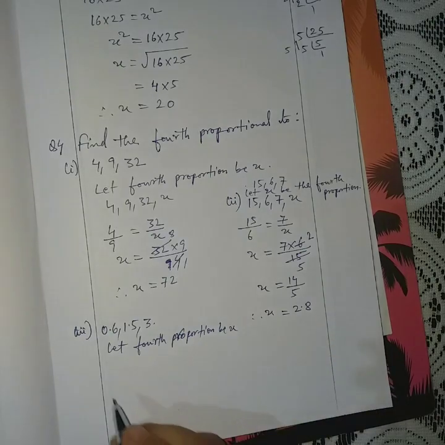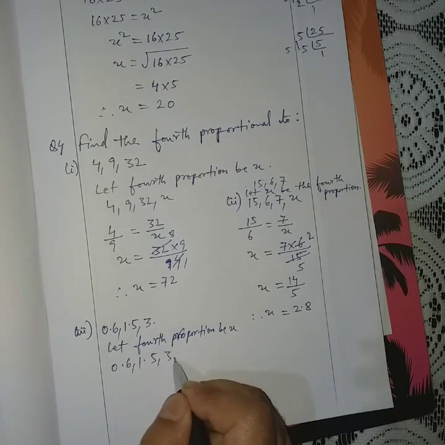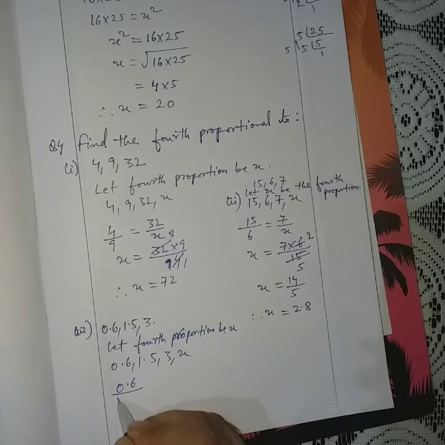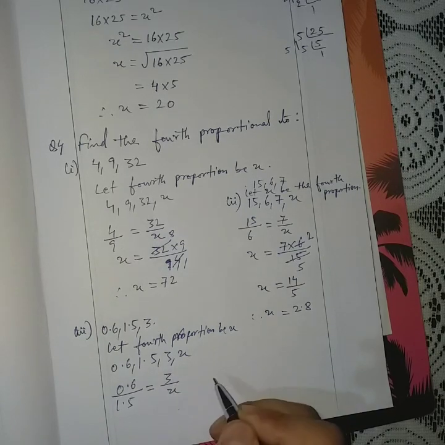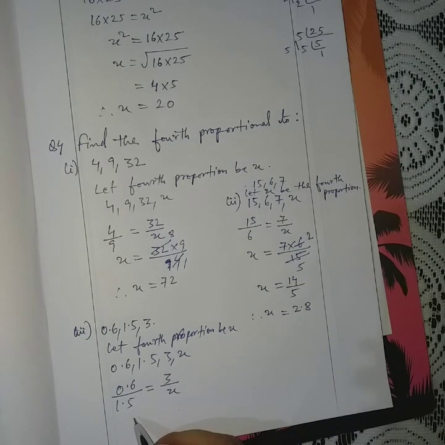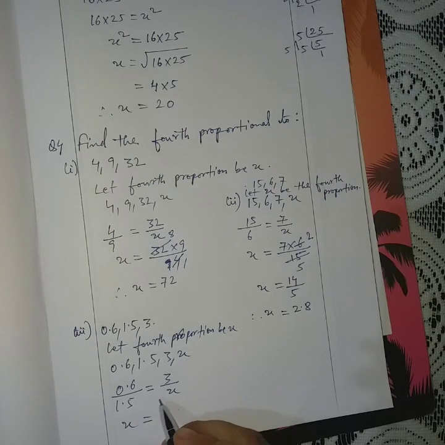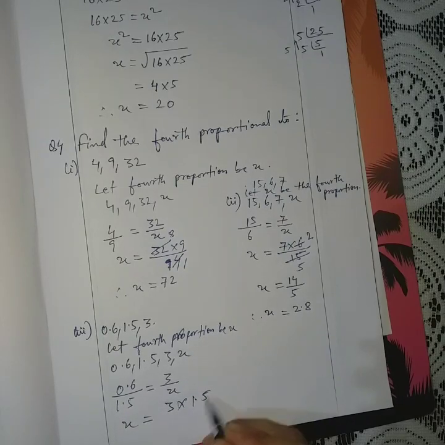Then this will be 0.6, 1.5, 3, x, and if they are in proportion, 0.6 by 1.5 will be equal to 3 by x. Now x we are finding the value. x will be here alone, and 3 into this 1.5 comes to the numerator, this goes to the denominator on the other side.